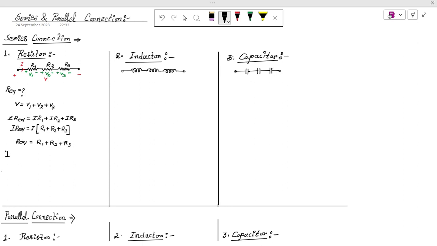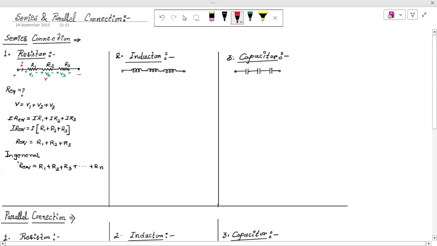In general, R equivalent is equal to R1 plus R2 plus R3 plus so on up to Rn, if we connect n number of resistors in series in this circuit. So this will be our formula.